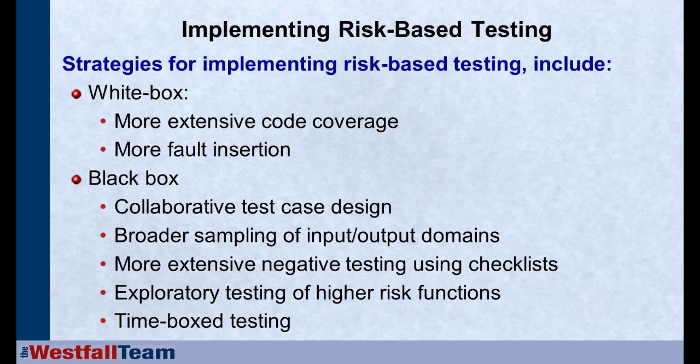Now, what do I mean by more testing? When I'm implementing risk-based testing, from a white box perspective, we may look at levels of code coverage. That's kind of beyond this particular course to get into in any detail, but just to discuss it, of course, the least level of code coverage is that I've touched every statement of code.